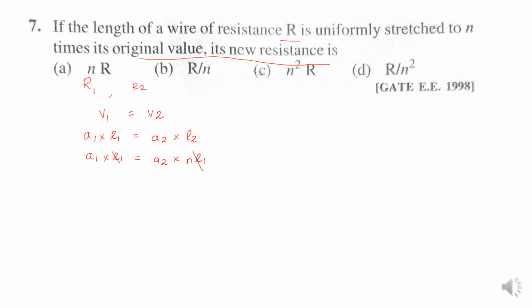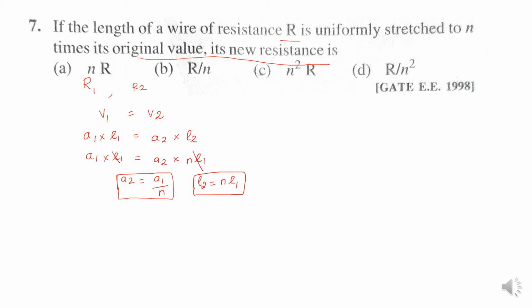L1 cancels. What is A2? A2 is A1 by n. Now we have two relations: A2 equal to A1 by n and L2 equal to n into L1.